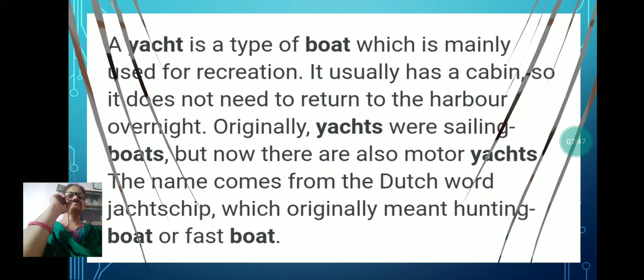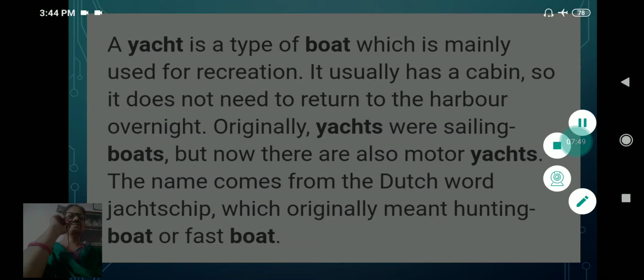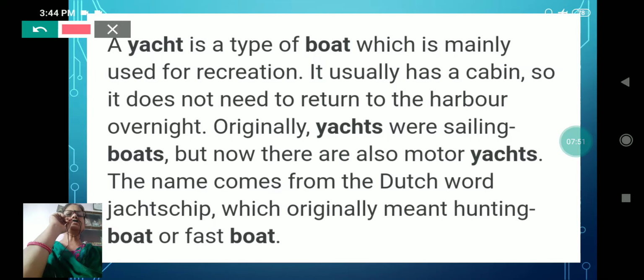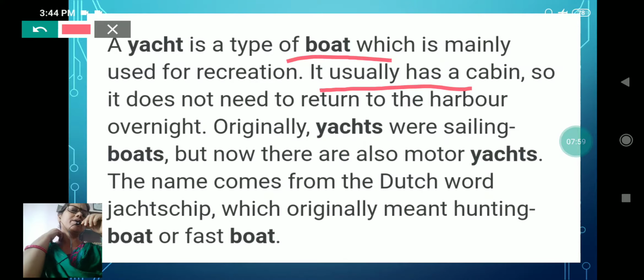Yacht. Yacht is a type of boat which is mainly used for recreation. It usually has a cabin, so it does not need to return to the harbor overnight. Originally, yachts were sailing boats, but now there are also motor yachts.